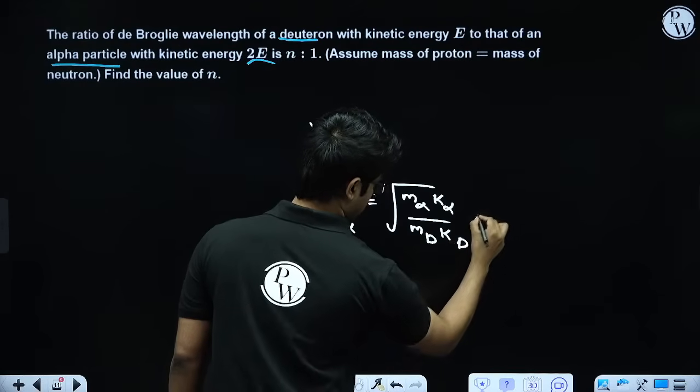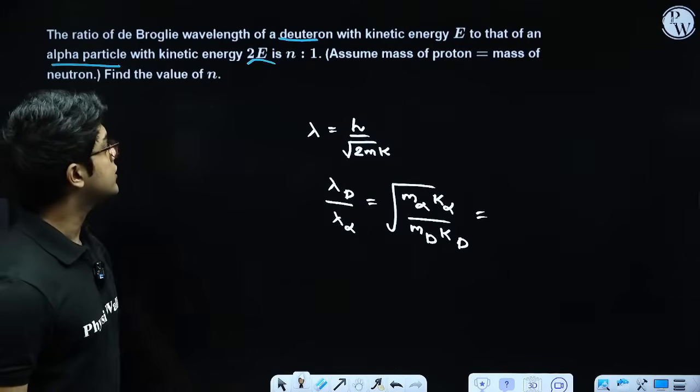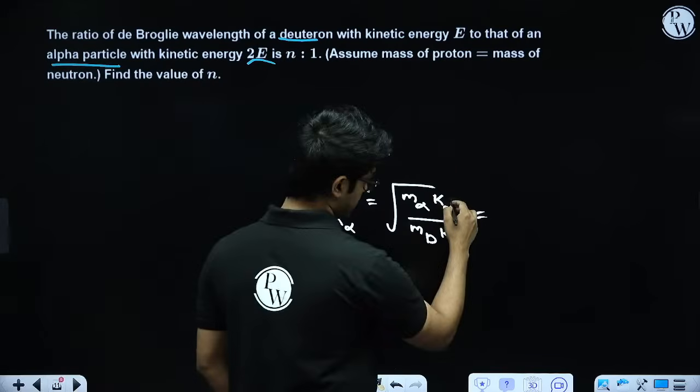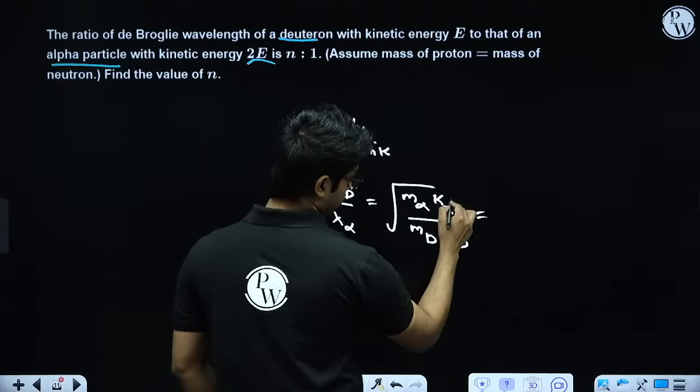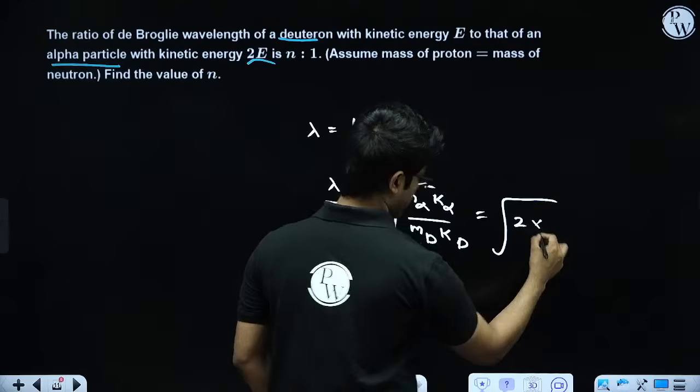Okay, so kinetic energy of alpha is given to be 2e, and the kinetic energy of deuteron is given to be e. So this ratio, K alpha by Kd, will be simply 2.